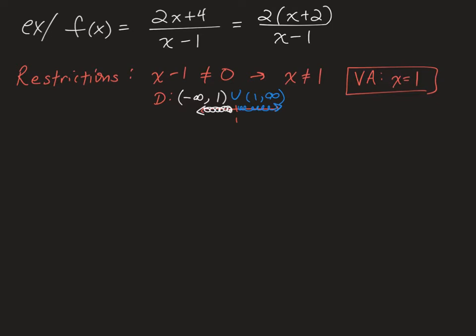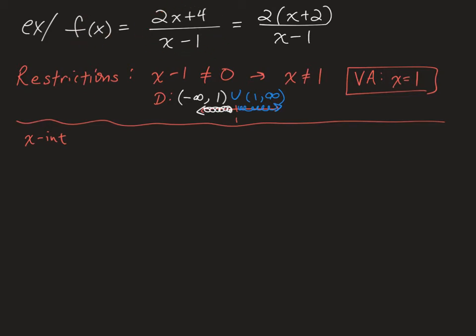All right, next we have to find the x and y intercepts. The x and y intercepts here are found exactly the same as you have found x and y intercepts before. So the x-intercept would be what happens if you set the functional part of this equation equal to 0.